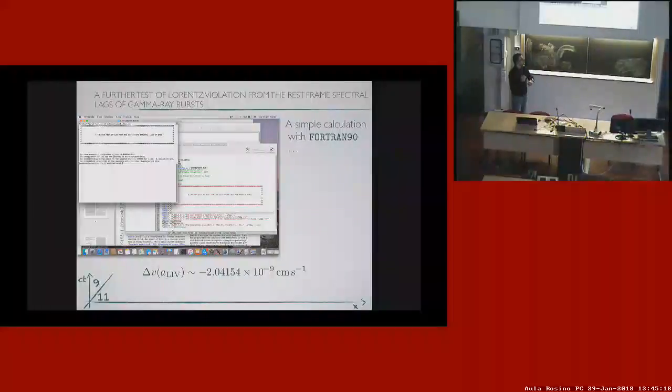I recovered, as you can see, that this velocity dispersion is about 10 to the minus 9, that is roughly the order of the precision up to which we know the value of the speed of light in the vacuum. So, in my opinion, this result is reassuring for the Lorentz invariance.